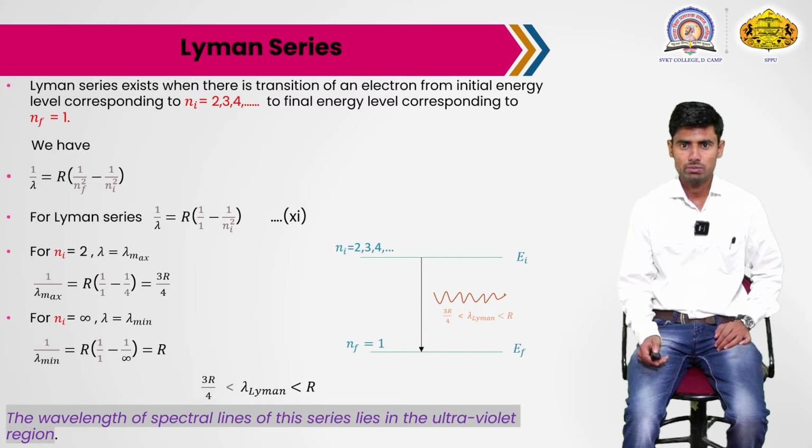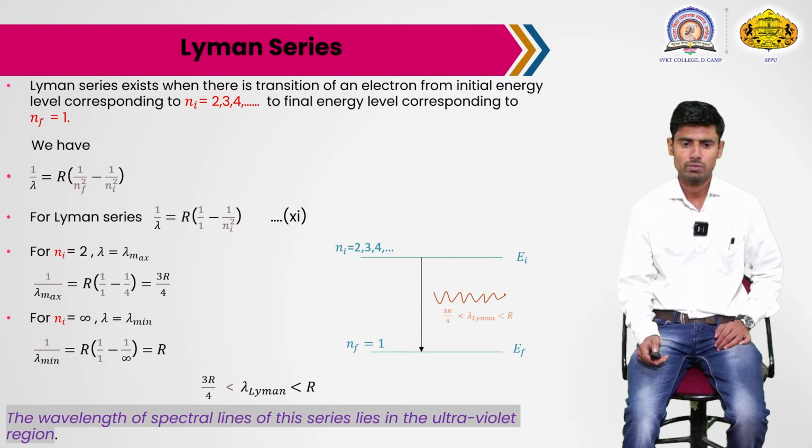And to find the minimum wavelength for the Lyman series, we have to substitute Ni equals infinity. By substituting Ni as infinity, we will get the minimum wavelength, and the energy will be maximum for this transition.